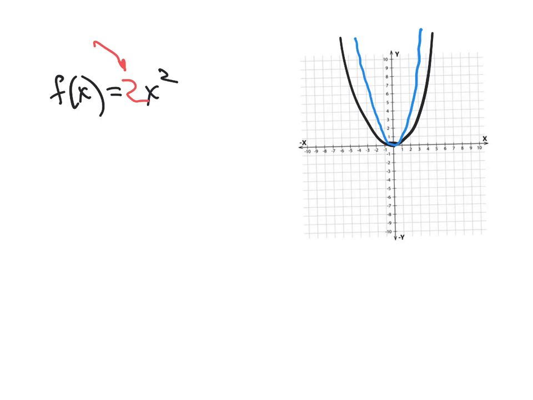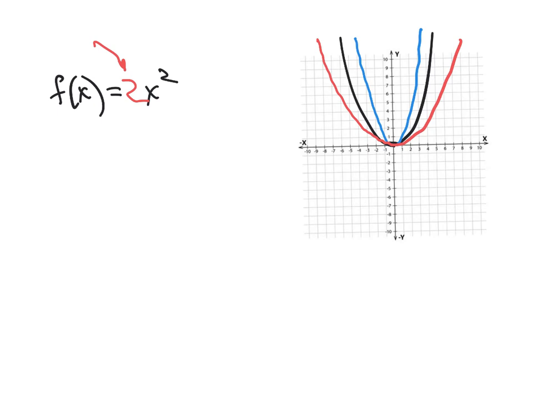If we made this number in front of x squared a number smaller than 1, it's going to make our parabola fatter. So if this scale factor is a fraction between 0 and 1, it's going to make our parabola fat. And if it's a number greater than 1, it's going to make it thin. Okay, something to remember there.